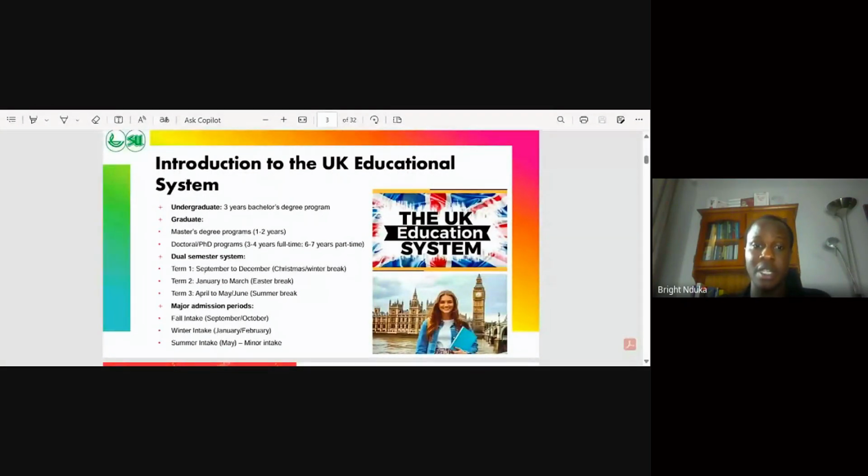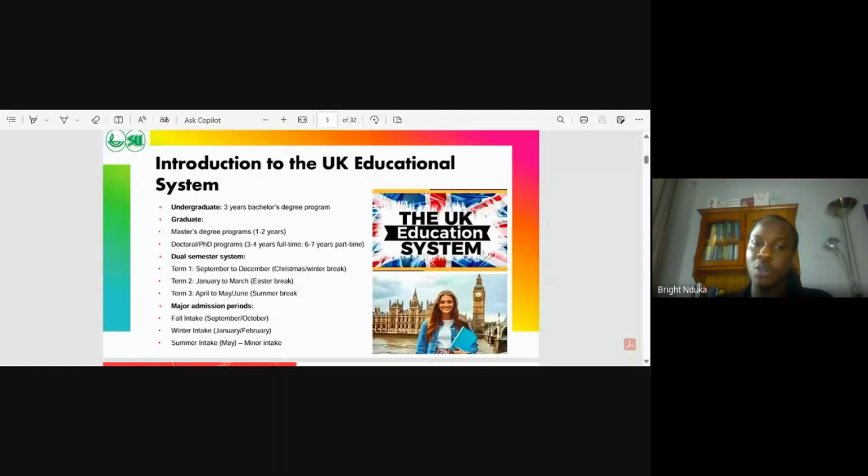Even research degrees, master's by research, are usually 1 year, while some are 2 years, depending on the course you are looking at. For example, health-related courses like nursing or mental health nursing are usually 2 years and not 1 year. So master's degree programs are usually between 1 to 2 years.